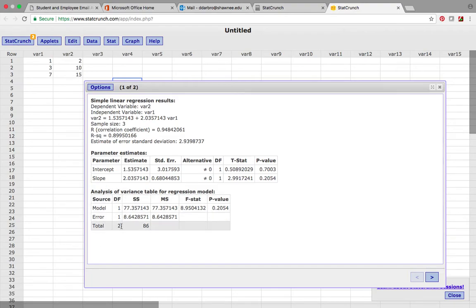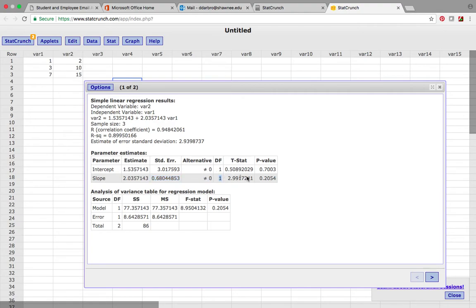But nevertheless, we did all the analysis, the ANOVA table, before, so you should know where every one of these numbers comes from. In the slope, you can see that our estimate is 2.0357. That's our B1. Our standard error is everything in the denominator of our test statistic. We have our alternative and our degrees of freedom.